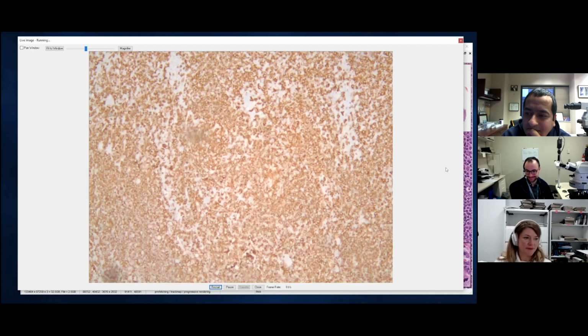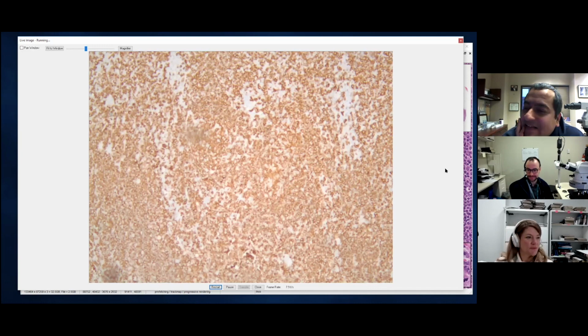But with marginal zone being so difficult to define, because you have those reactive germinal centers mixed in, it probably does happen in some cases, but it's not as easy to identify. Maybe the part that you sent for flow wasn't as involved as the part that you're looking at. So there definitely could be, but that's a tough one.